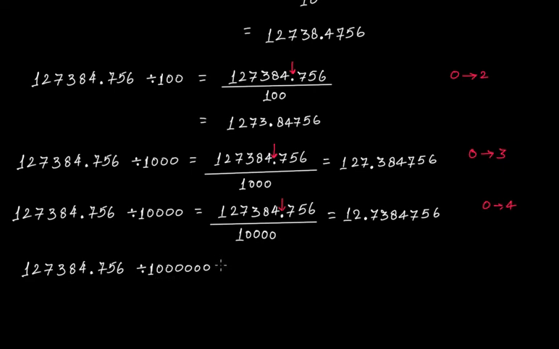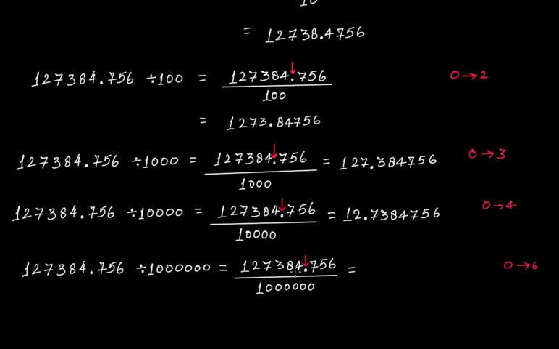You are dividing this number by 10 lakh: 12738.756 divided by 10 lakh. It means 6 zeros: 1, 2, 3, 4, 5 and 6. Your decimal point is here. In 10 lakh you have 6 zeros.